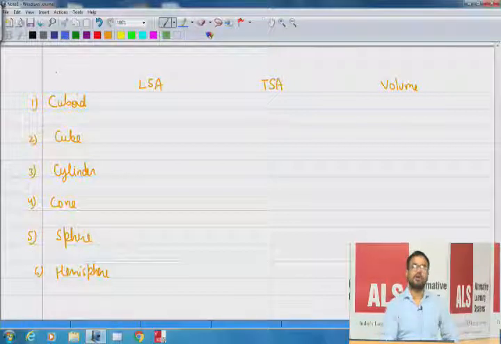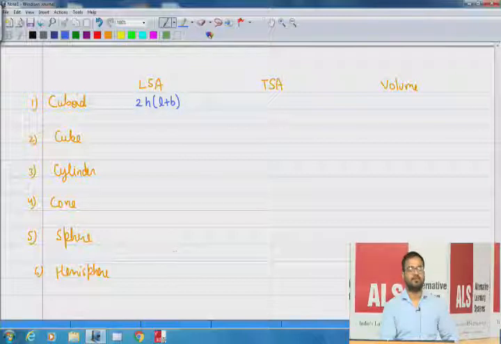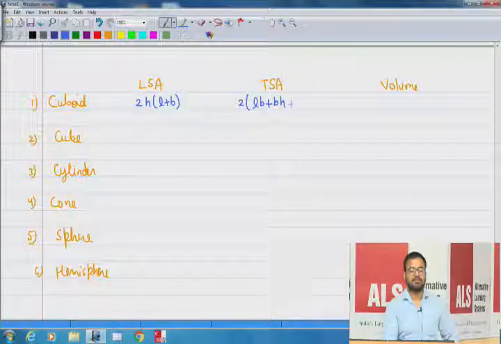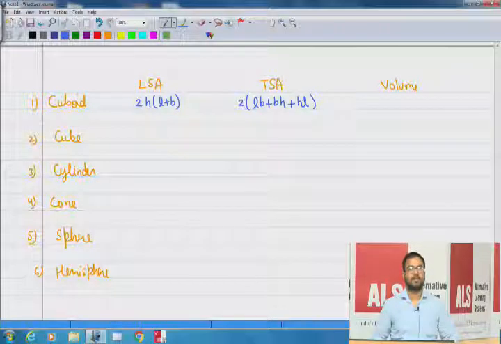So you know a cuboid is a rectangular prism, it has length, breadth and height. The lateral surface area of the cuboid is 2 times height into sum of length plus breadth. Total surface area is 2(LB plus BH plus HL): length times breadth, breadth times height, height times length.